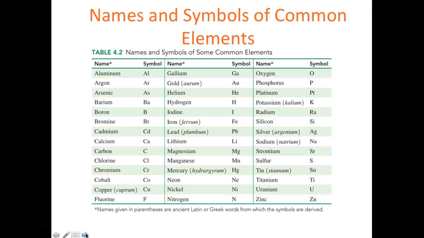All right, so here is a partial listing of some of the elements and their names, and a few of them, as you can see here: gold and iron, lead, tin, potassium, sodium, and copper.